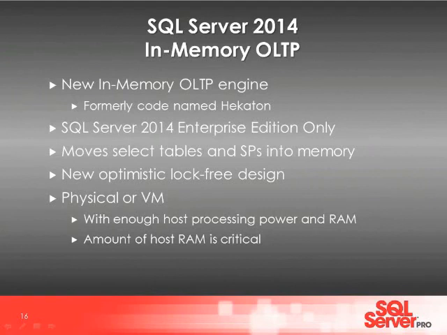This new in-memory OLTP engine can provide very significant performance gains for your OLTP kinds of applications, because it avoids that I/O of going to disk, because it's processing those tables and stored procedures entirely in RAM. Of course, this means that you really do need to have enough RAM in your physical or virtual machines to do it. So the amount of host RAM that you're running with is absolutely critical here.